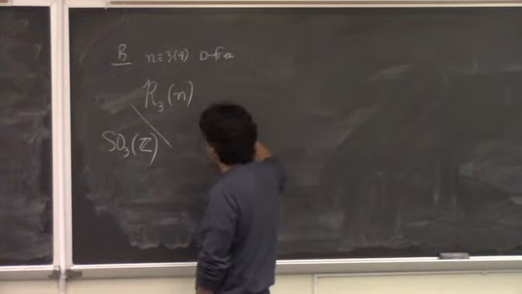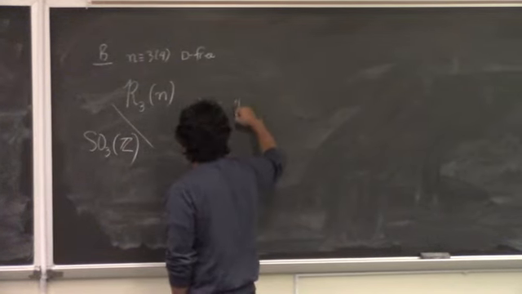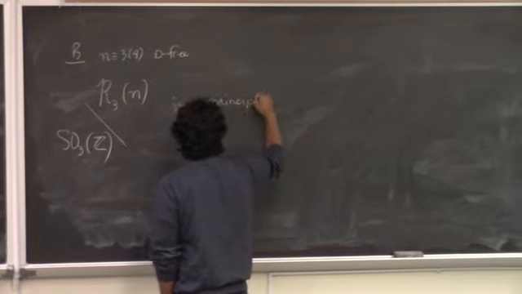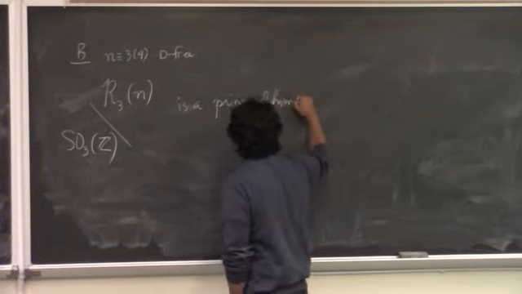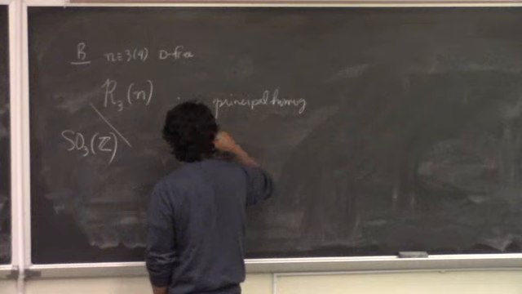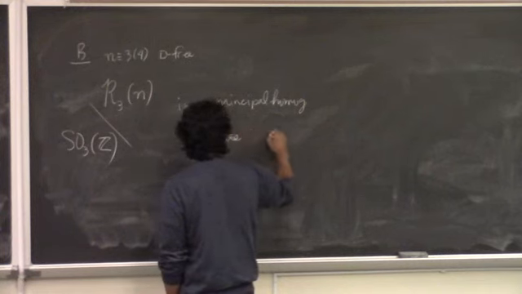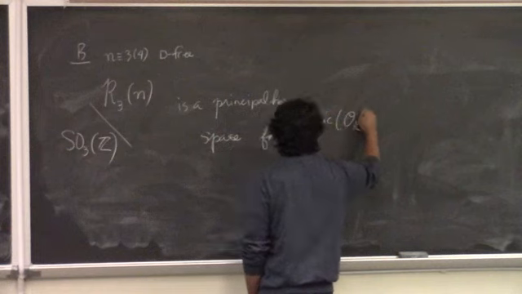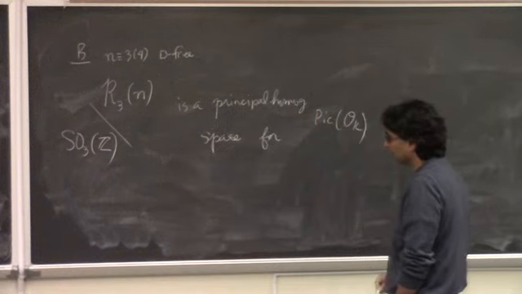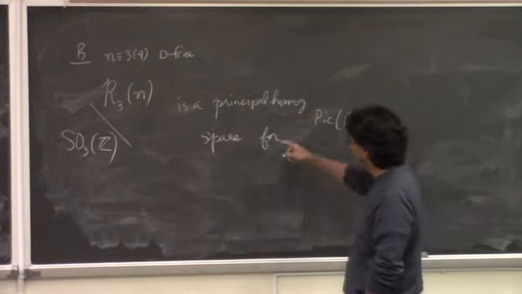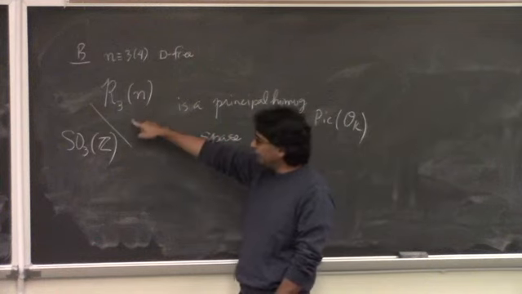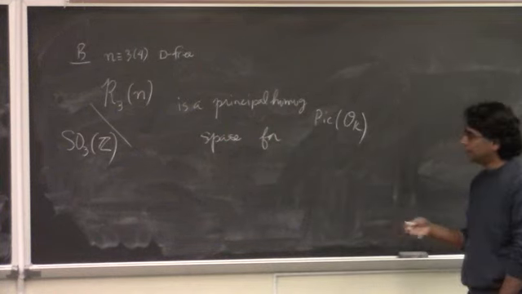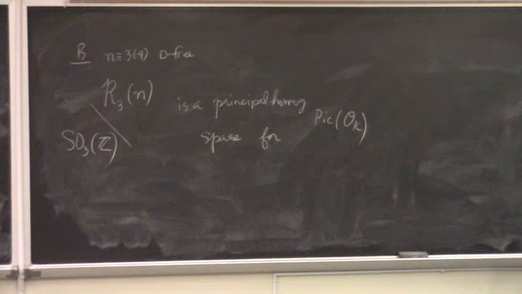And in fact, this is a principal homogeneous space. Meaning, Pic O_K acts on this set, and it acts transitively and without fixed points.